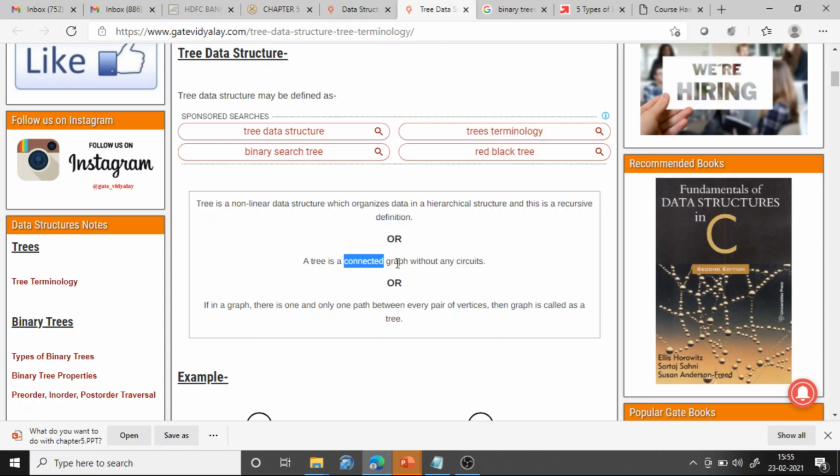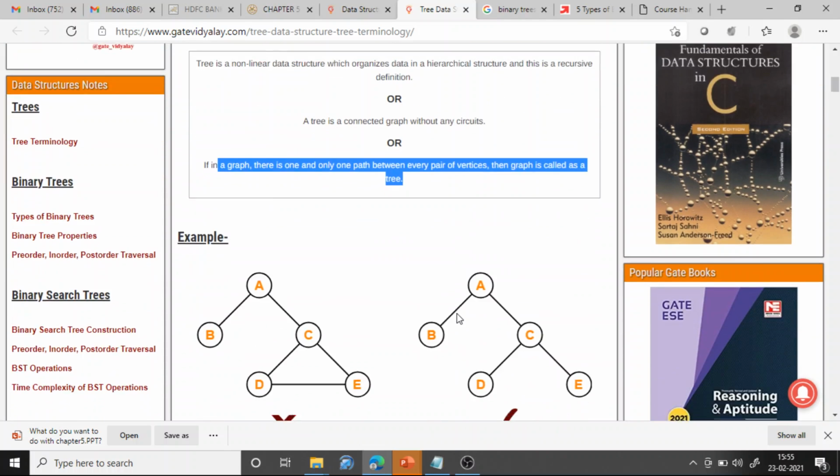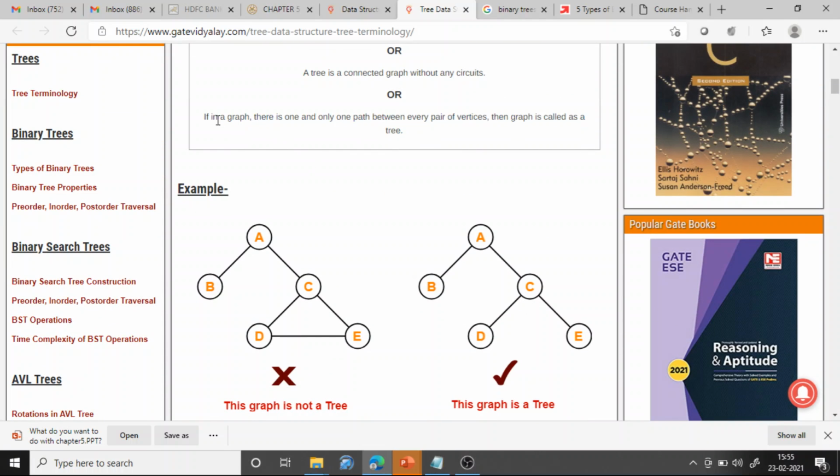A tree is a connected graph without any circuits or cycle. If in a graph there is only one path between every pair of vertices, then such a graph is called a tree. This is another definition of a tree.